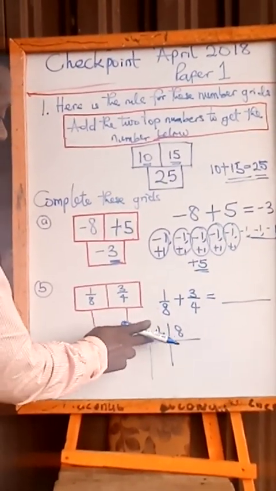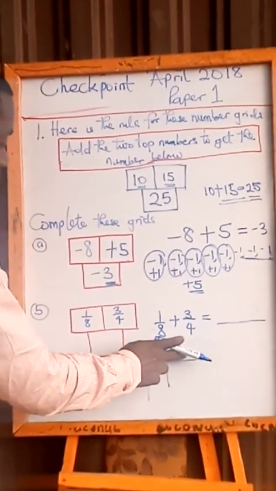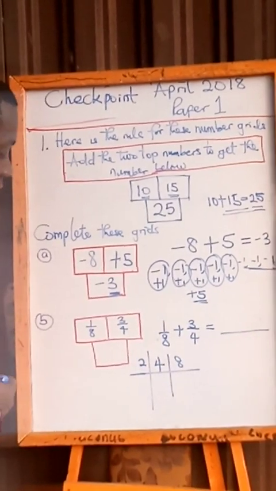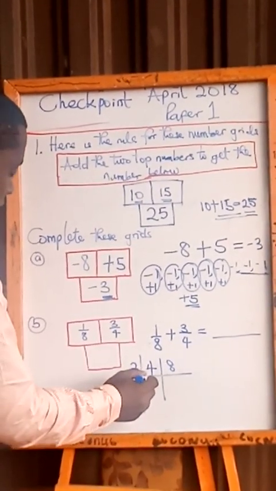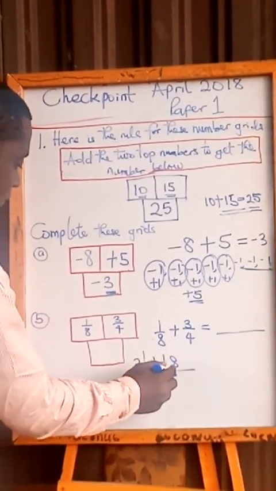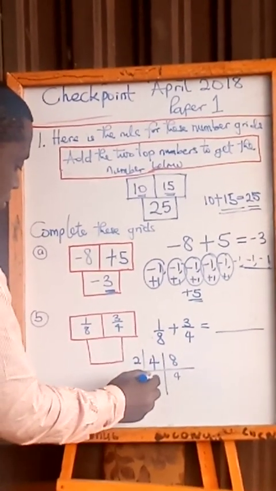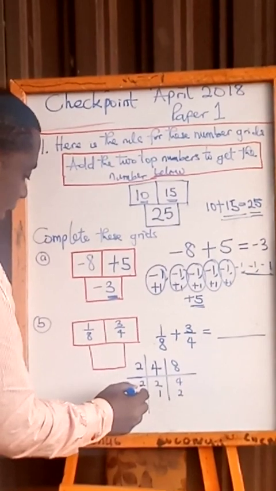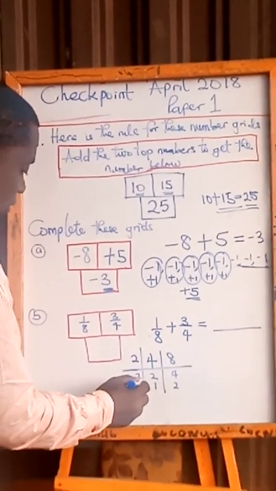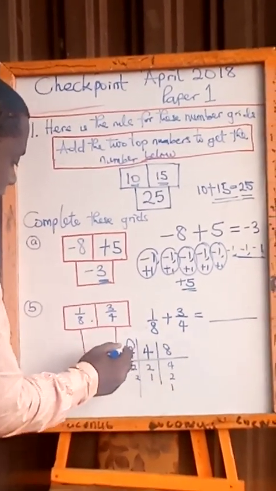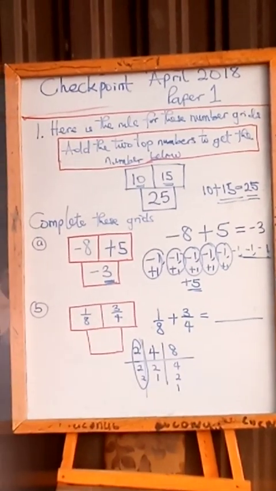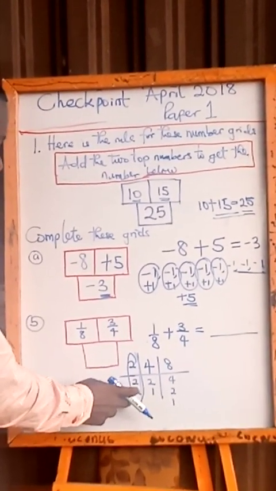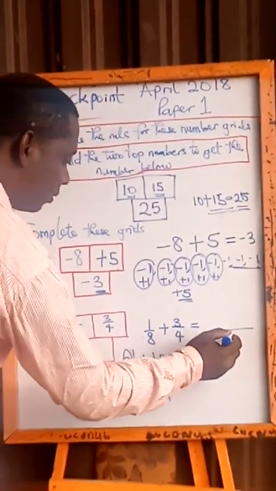What goes in 4 and goes in 8? If you like, you can start with the lowest value. 2 in 4, 2. 2 in 8, 4. 2 in 2, 1. 2 in 4, 2. Then 2 in 2, 1. You will see that these are the lowest common multiples, which is 2 times 2 times 2, which is what? 8.